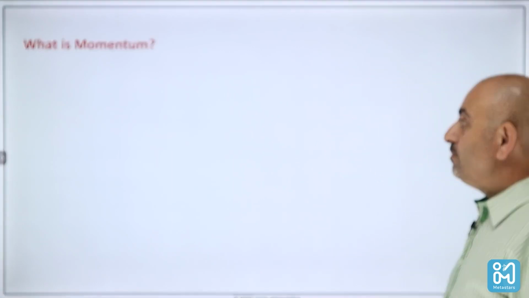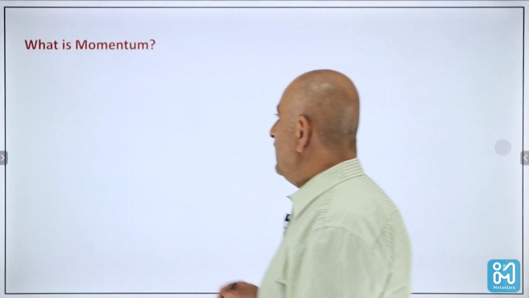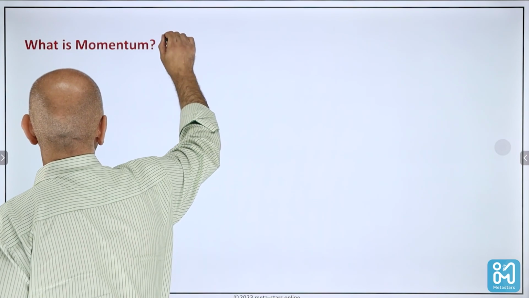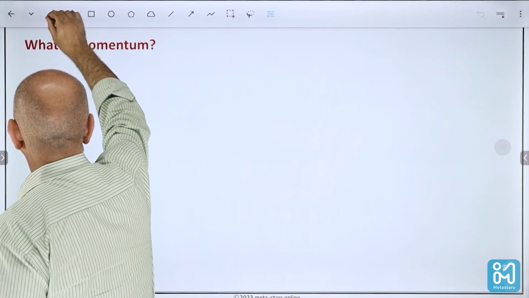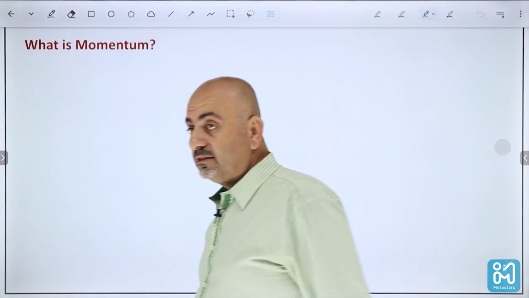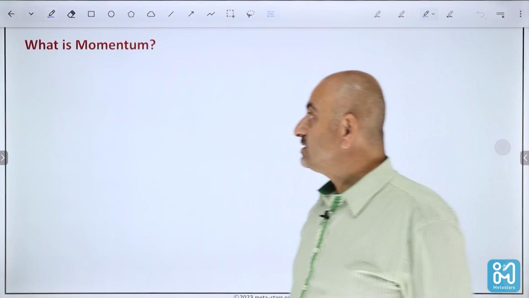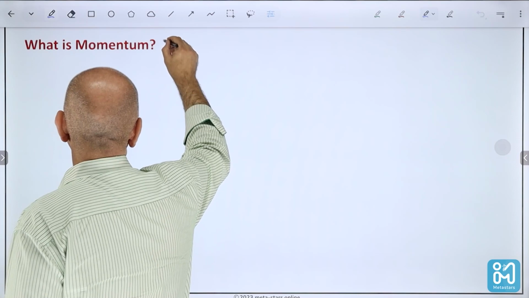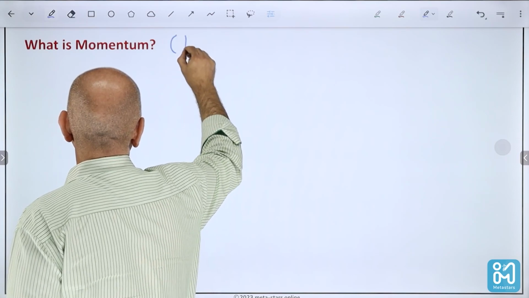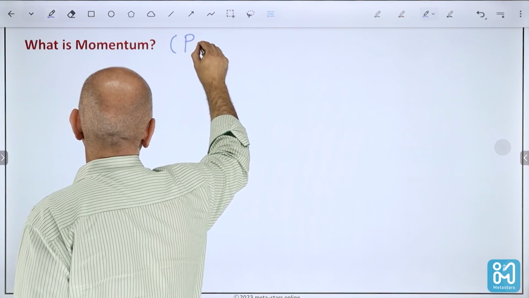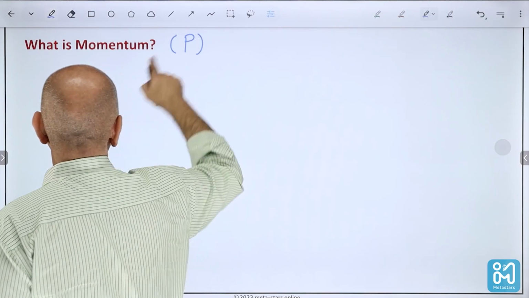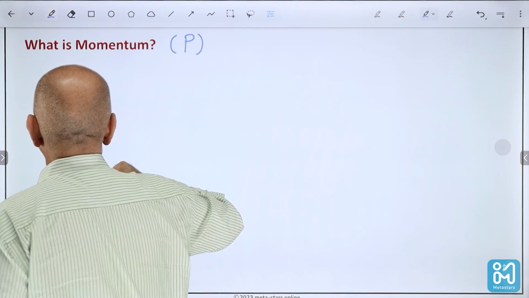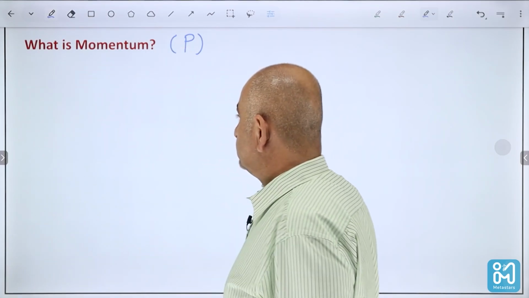What is momentum? Well, any mass that's moving has momentum, because momentum depends on two things. By the way, in physics, what letter do we use for momentum? Lowercase p, okay?